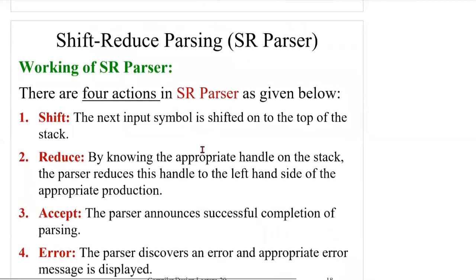Now the working of the shift reduce parser, also called the algorithm. There are four actions in the shift reduce parser. In the name itself, S stands for shift and R stands for reduce. In addition to these two actions, we have accept and error.